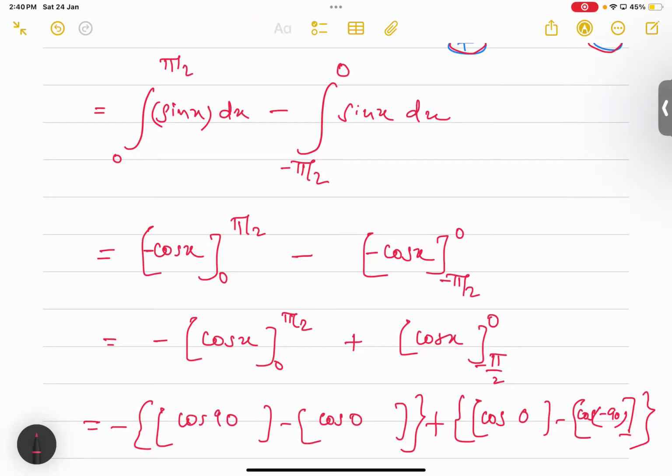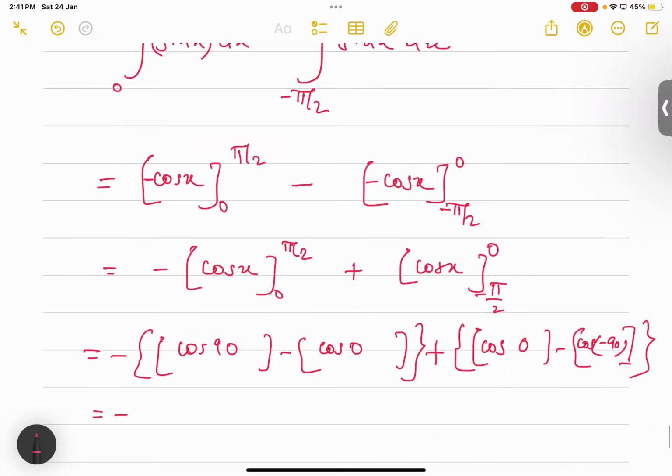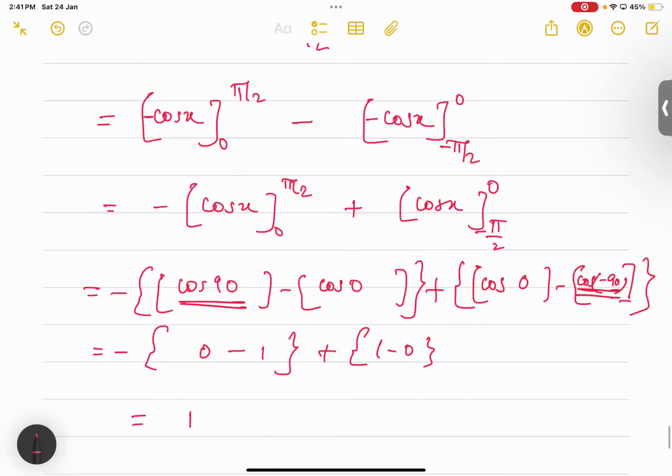Clear, everyone? Cos 90 is 0. Cos 0 is 1. Cos 0 is 1. What is cos minus 90? Cos minus x is cos x, so cos 90 is 0. So this will be 0 only. So the answer is 1 plus 1, which is equal to 2.